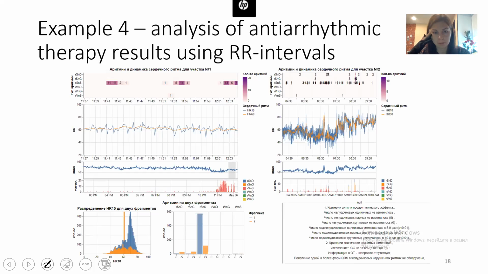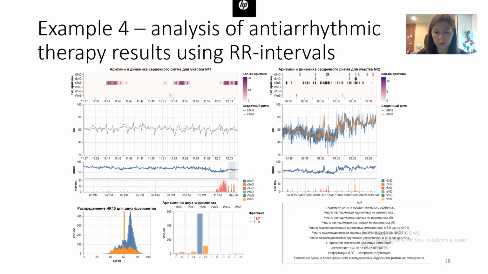And the last example, I think. We also want to analyze the efficiency of antiarrhythmic therapy. This efficiency is analyzed when you have an observation before the drug and after the antiarrhythmic therapy. In this example, the first fragment is when your patient is without any drug, in his normal state.